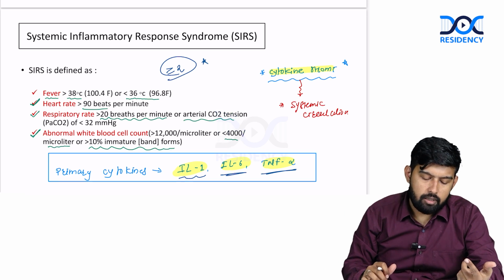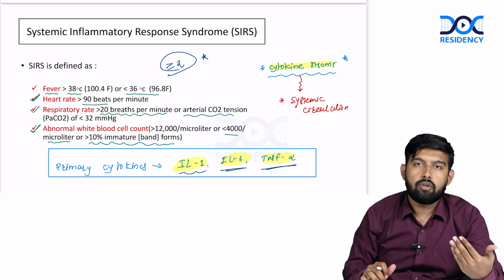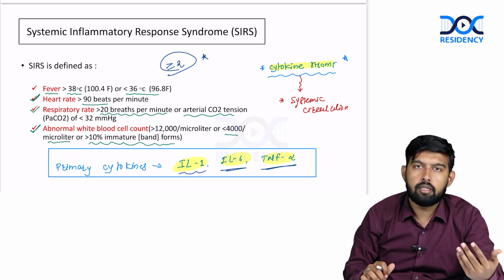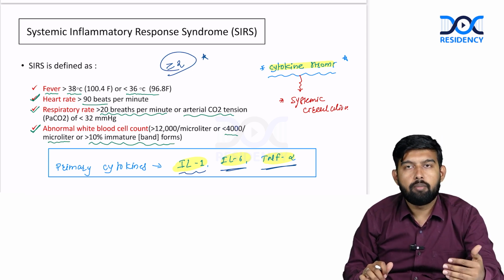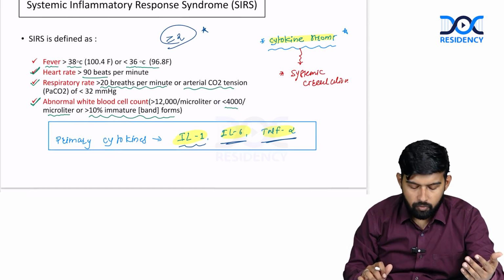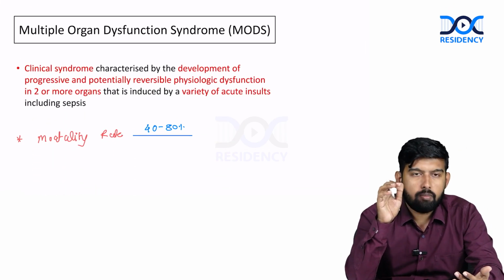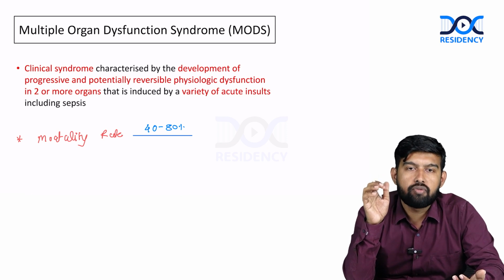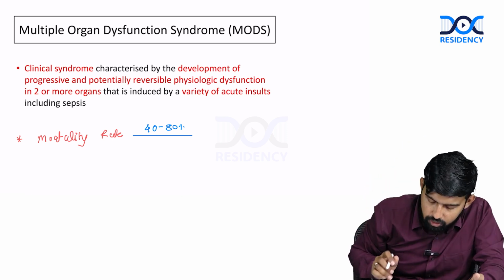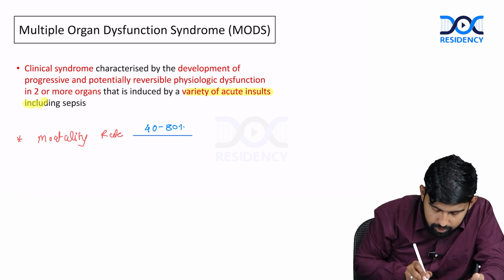And with the continuation of the systemic inflammatory response, if we have not done proper resuscitation and critical care, the patient may land up in multiple organ dysfunction syndrome, which is defined as the presence of two or more organ dysfunctions, induced by a variety of acute insults including sepsis.